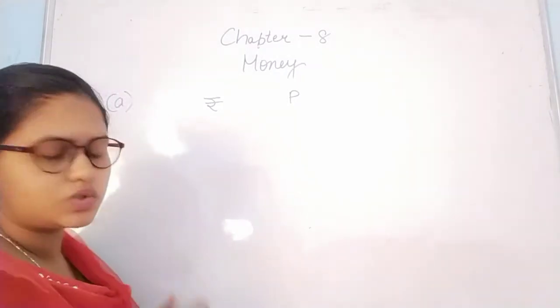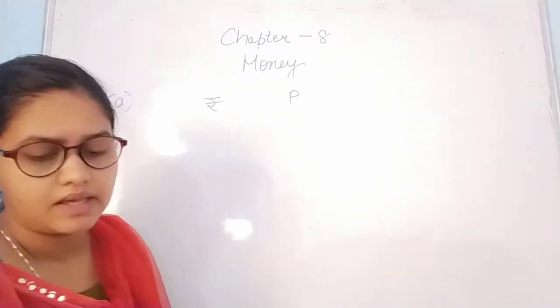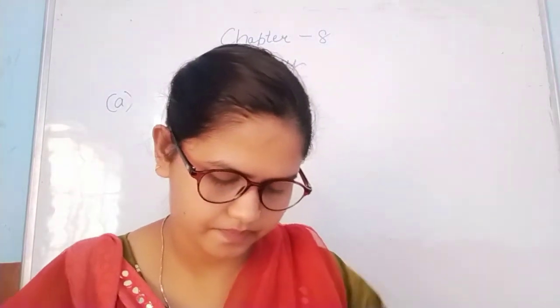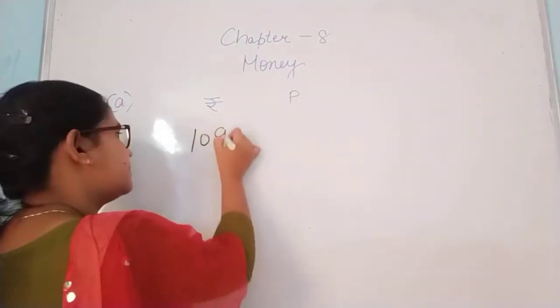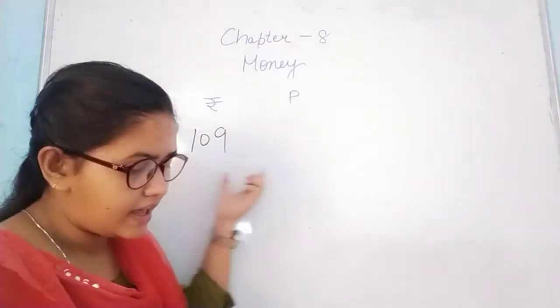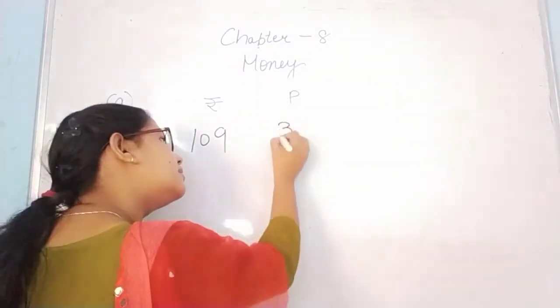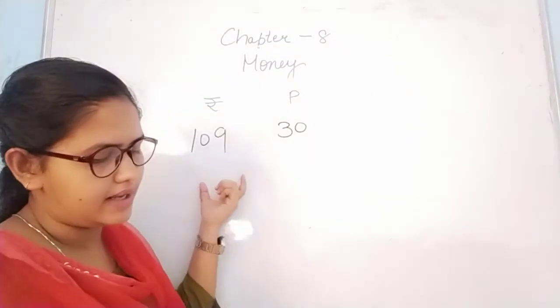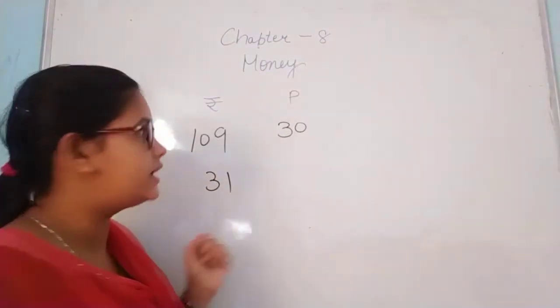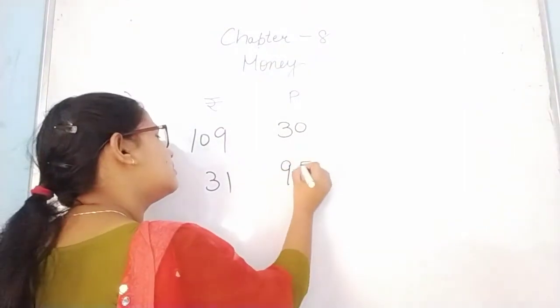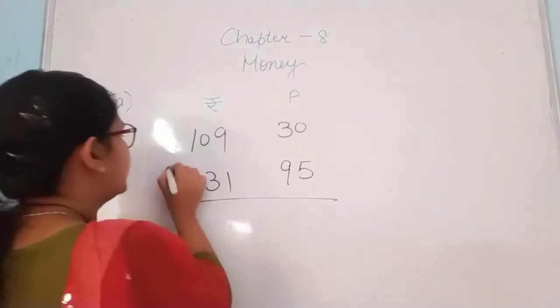Okay, the first one is 109 rupees and 30 paise. And here is 31 rupees and 95 paise. Now we have to add it.